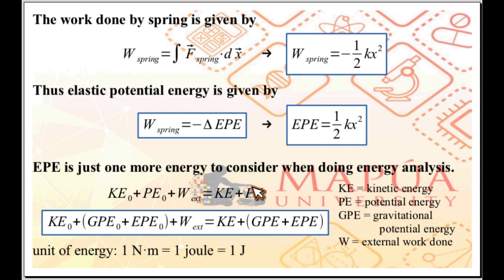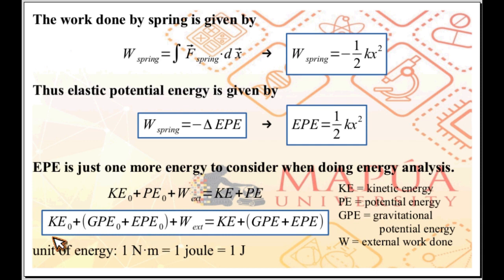In terms of the potential energy terms, we now have two potential energies to consider: gravitational potential energy and elastic potential energy. Just like when we were covering the angular motion topic, we had two kinetic energies to consider: the linear kinetic energy and the angular kinetic energy. Now, for potential energy, we have gravitational potential energy and elastic potential energy.